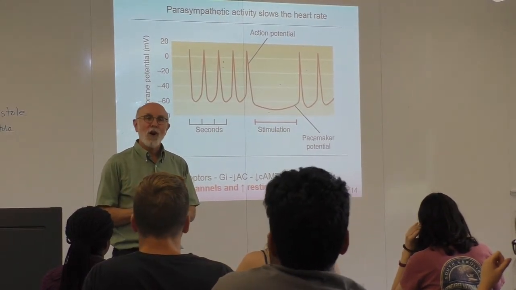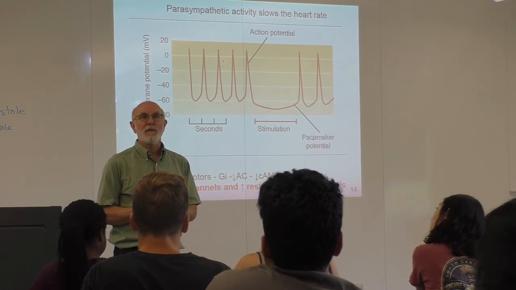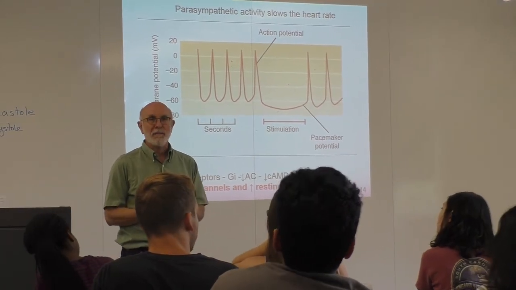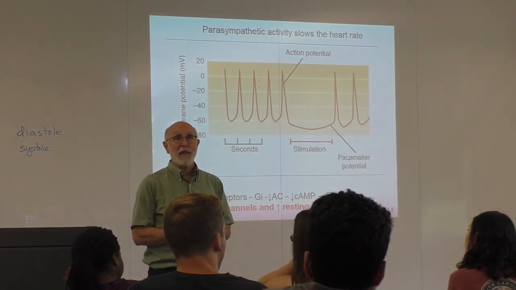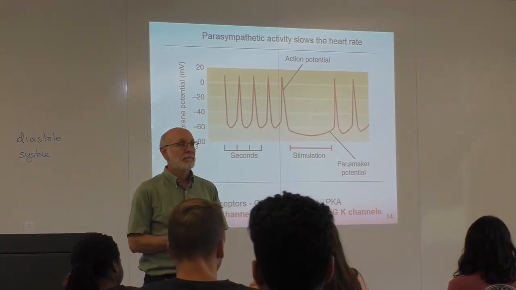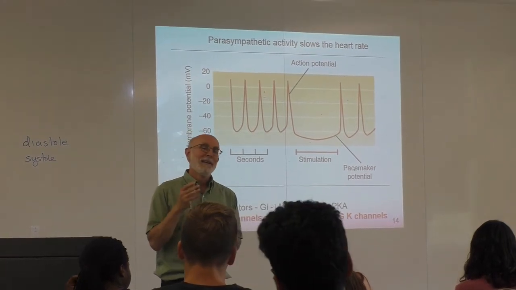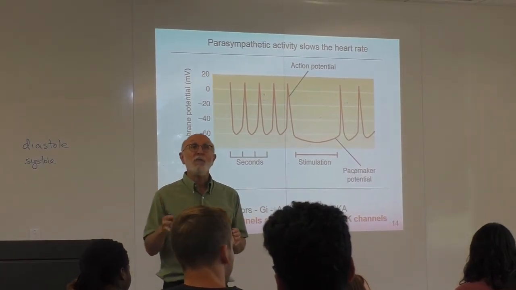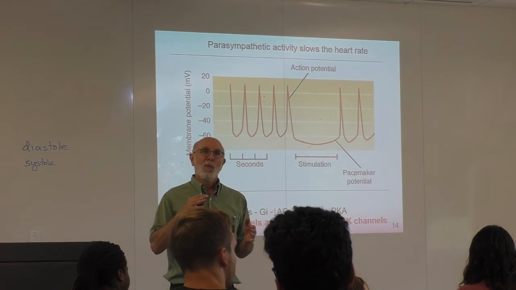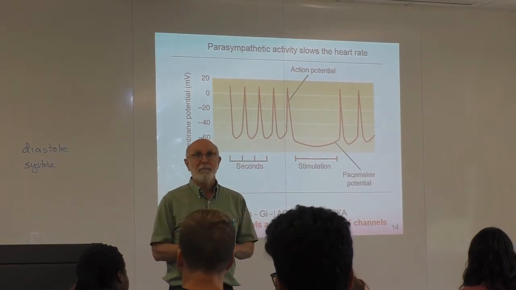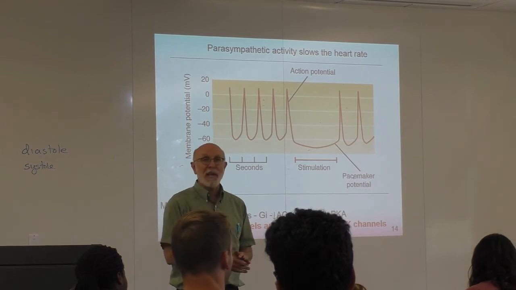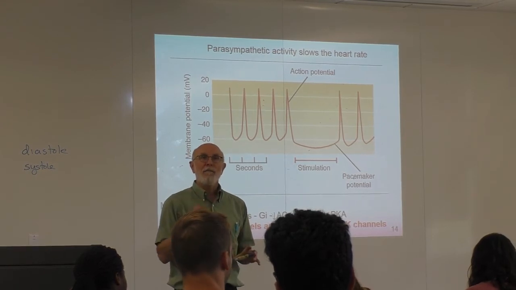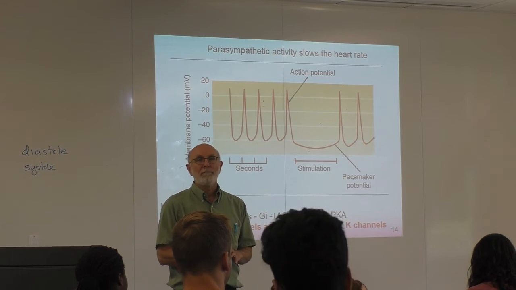A slow rate is associated with a weaker contraction, and a fast rate is definitely associated with a stronger contraction, up to a point. You'll see next week, if we increase the rate too much, we can have a negative effect. But in this normal range, if I activate your sympathetic nervous system, your force and your rate will go up.